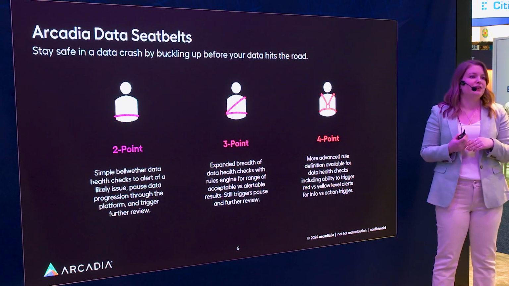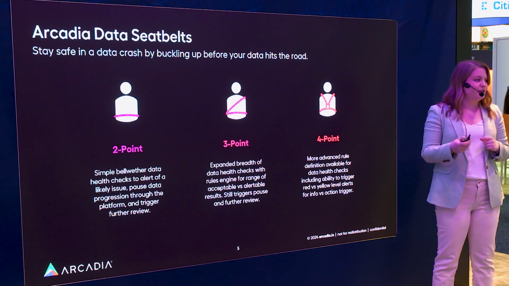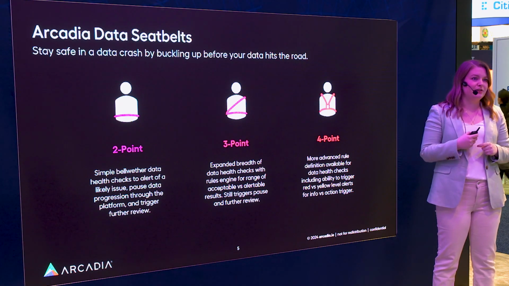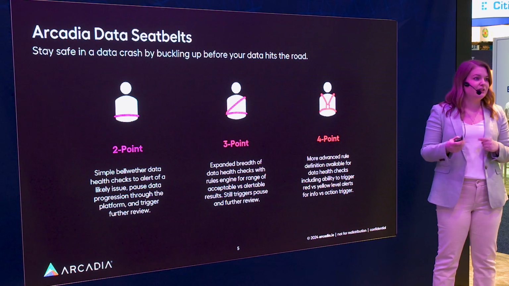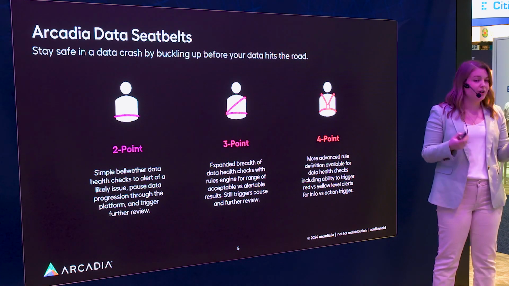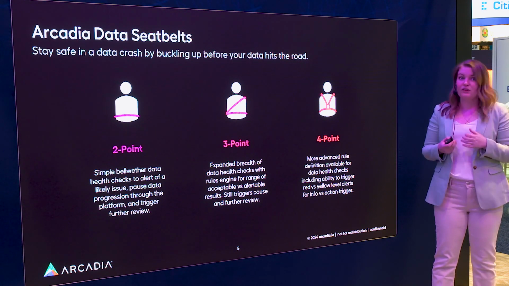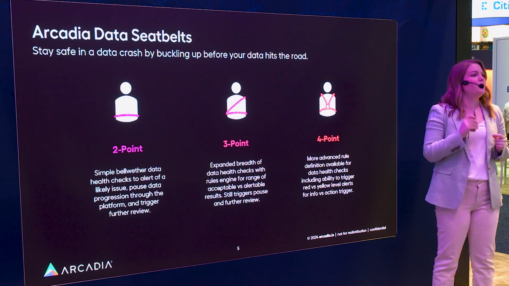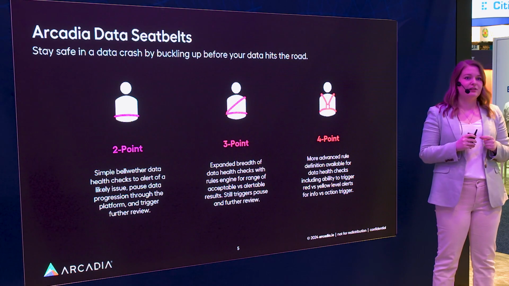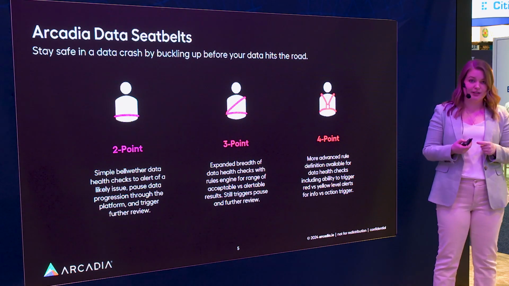This might look like measuring the before and after on every single quality measure denominator and numerator every time you calculate your quality measures, to have an expected tolerance for the amount that a denominator or numerator should go up and down. Or on the 4-point side, this is really a true operational workflow, a rigorous set of data health checks that are constantly monitored over time.